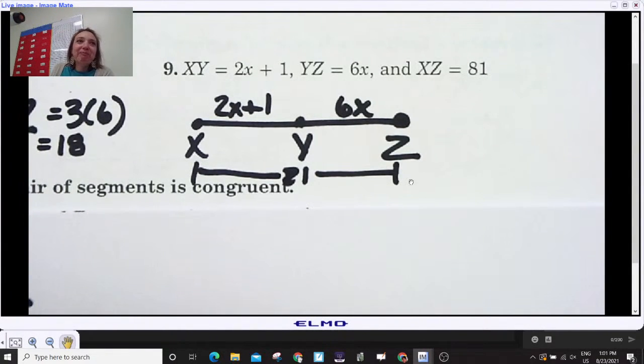Okay. Does your diagram look like my diagram? Do you have everything labeled the same way?